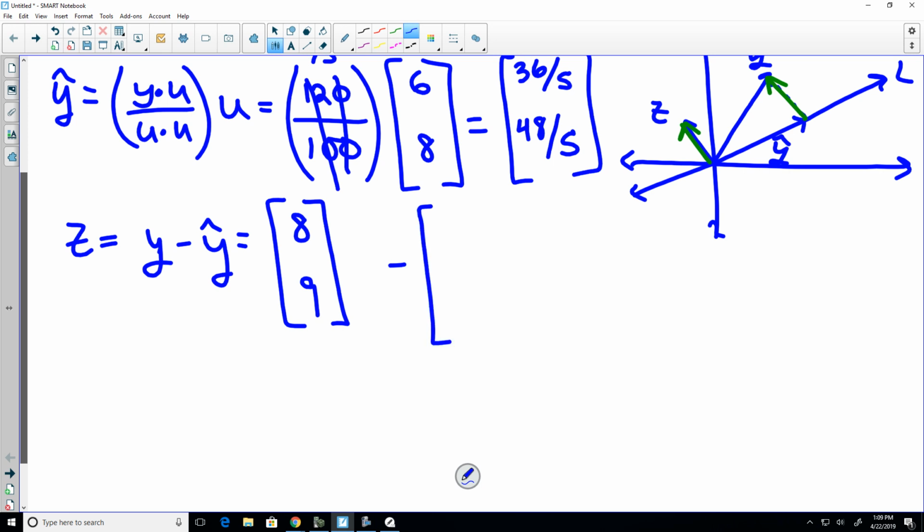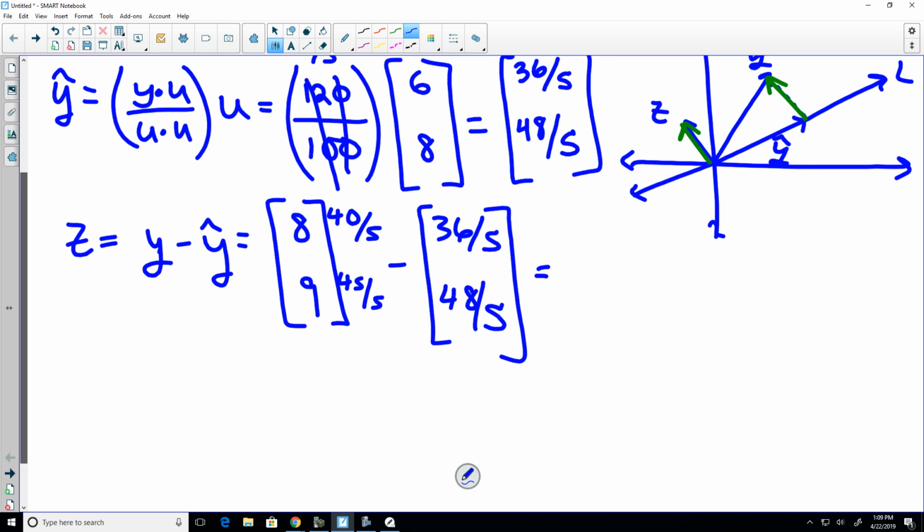Minus, so that's 40 over 5. This is 45 over 5. Is that correct?